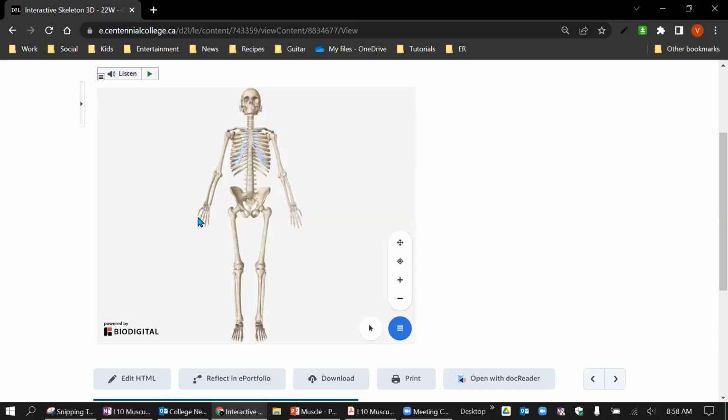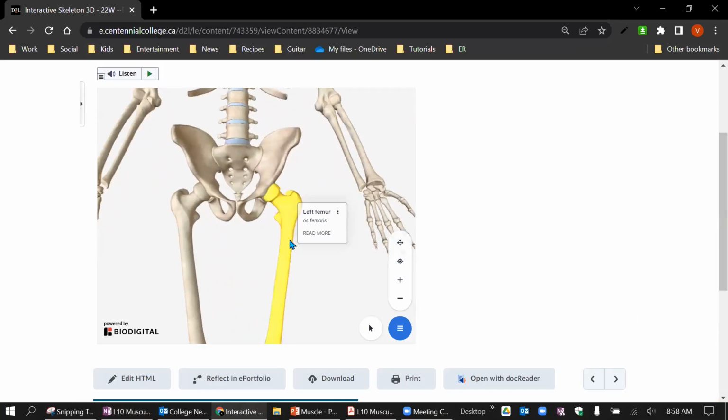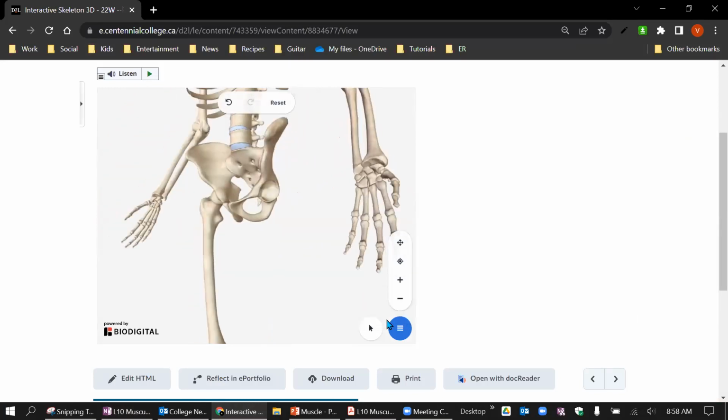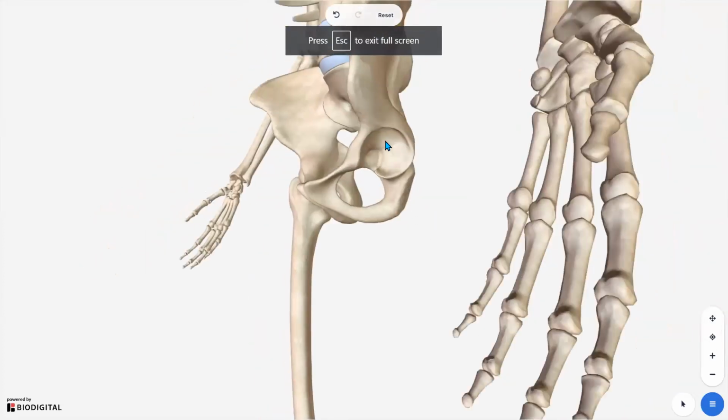Let me try to zoom in here. Let me see if I can delete this guy. There we go. So you can see full screen, that is the acetabulum. That's where the head of the femur goes in to form the ball and socket joint.